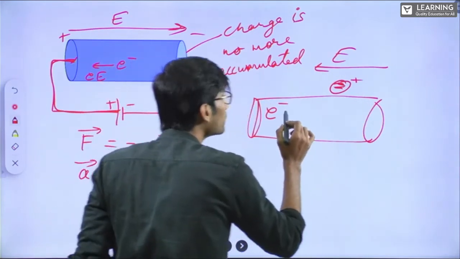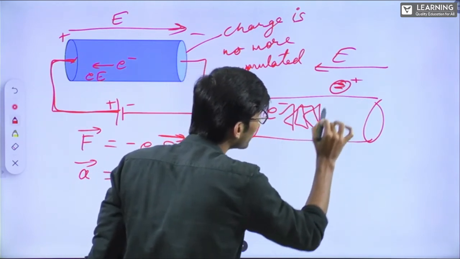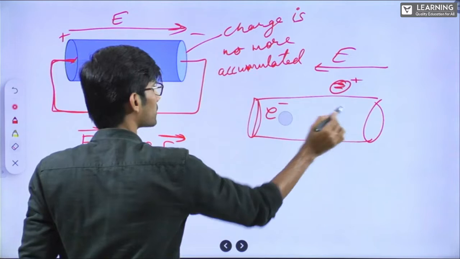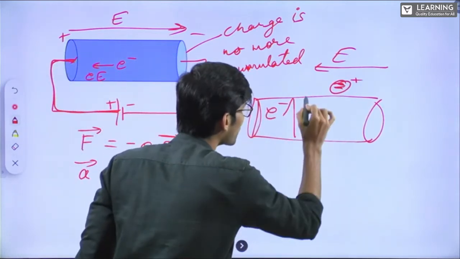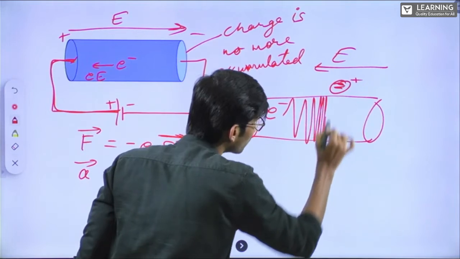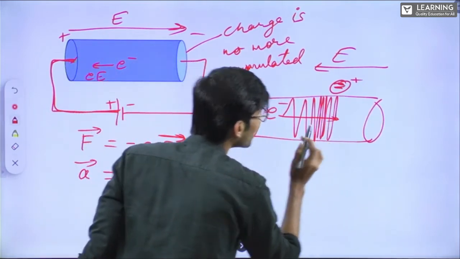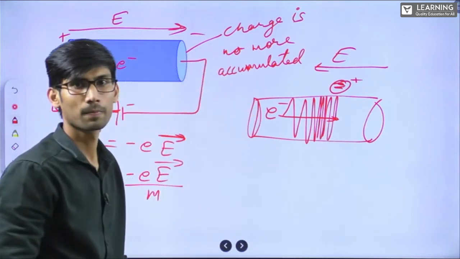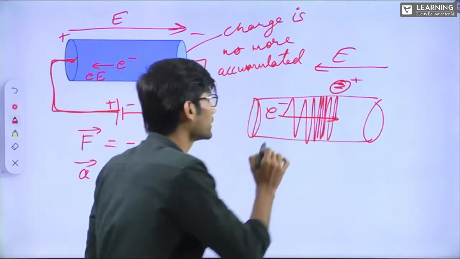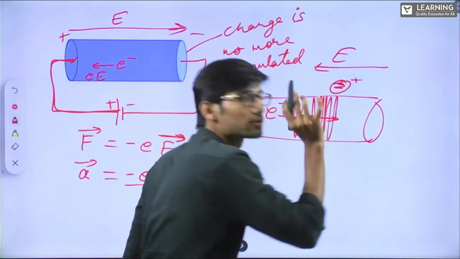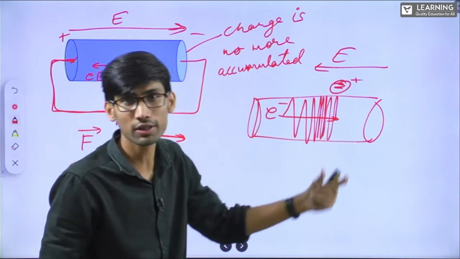Correct? So now this electron is moving like this. Let's say this is doing a random motion. Now suppose, for explaining to you, let's say it is doing zigzag. In this direction, it has covered only this distance. If you consider the total distance, it is till here. From here, zigzag motion, if you consider total distance, it is a lot that it has covered.